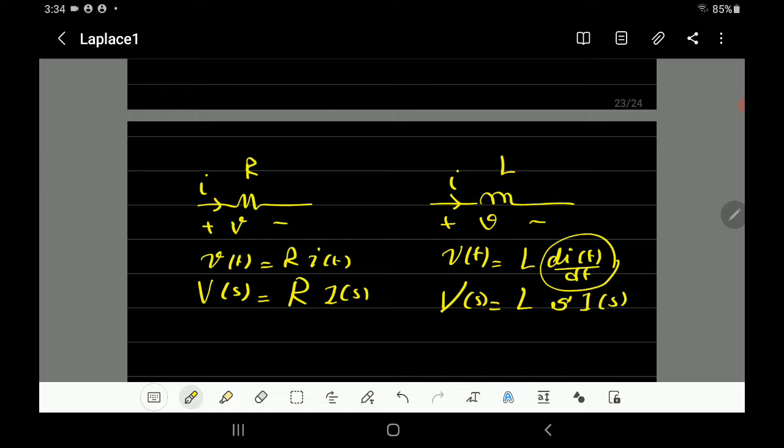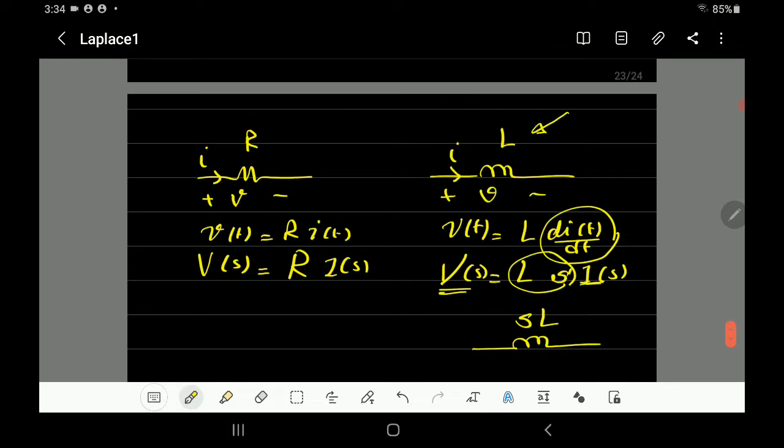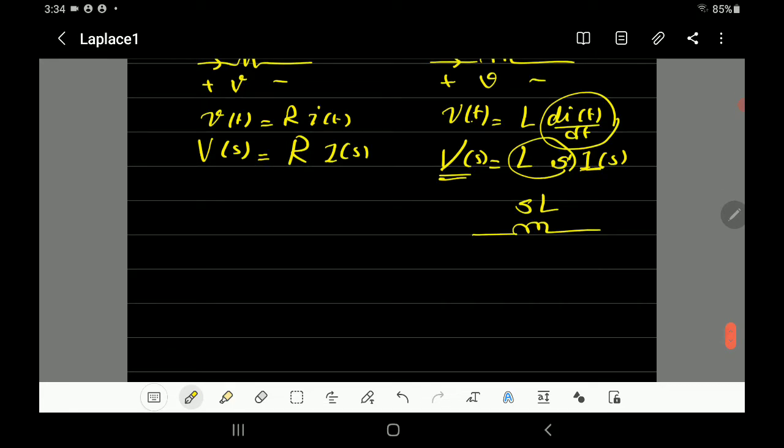So the relationship between the voltage and the current is sL. In Laplace, you replace L by sL. L is used in the time domain when you are using v = L di/dt, and sL is used in the s domain, when you say the voltage across the inductor is equal to sL times I(s).